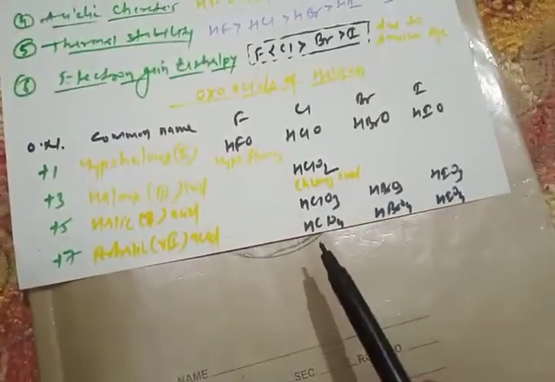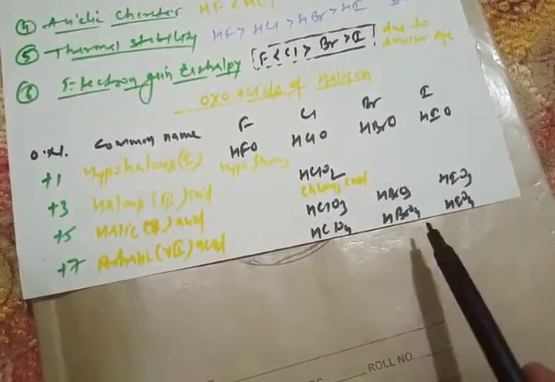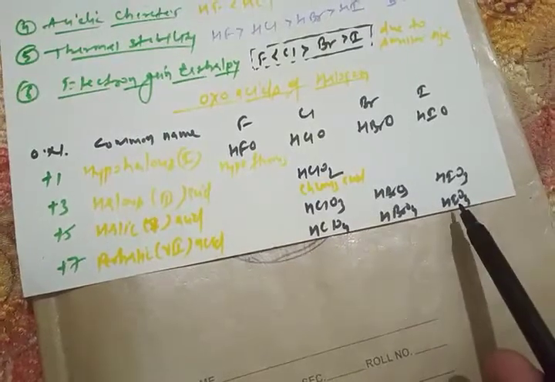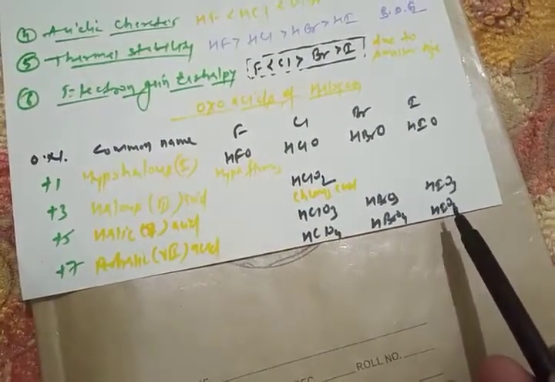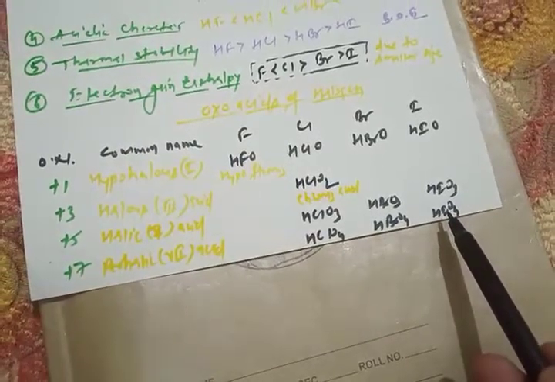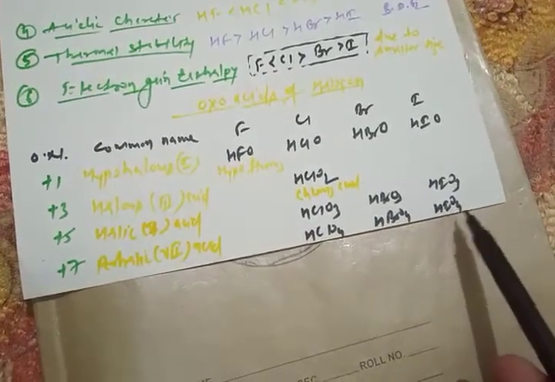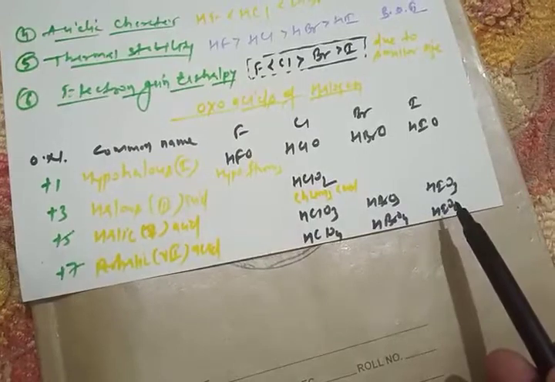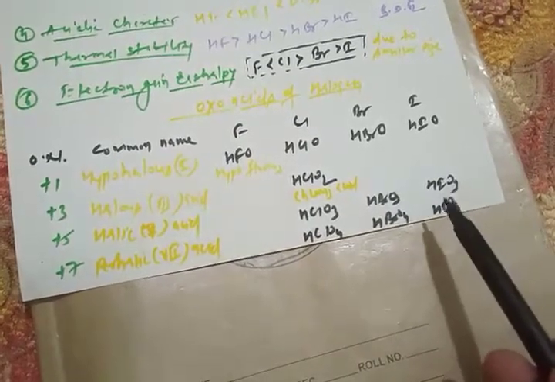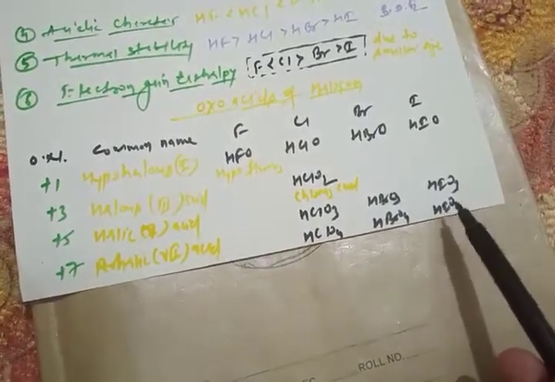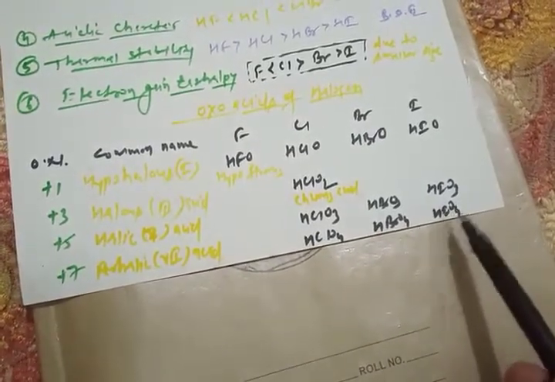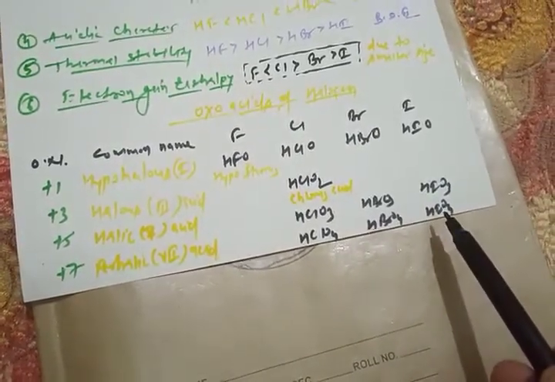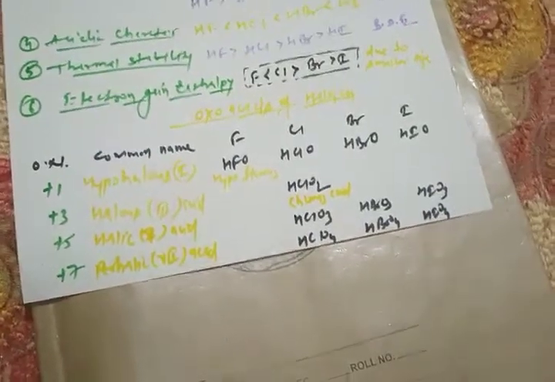This is called perchloric acid, this is perbromic acid, and this is periodic acid, HIO4. You must remember the use of periodic acid in the oxidation of polyhydric alcohol. If you remember the alcohol chapter, the polyhydric alcohol is oxidized with the help of periodic acid HIO4. So this is the use of this.